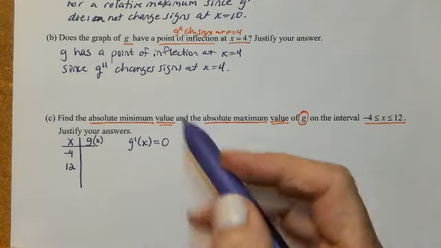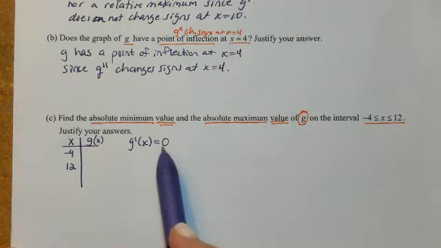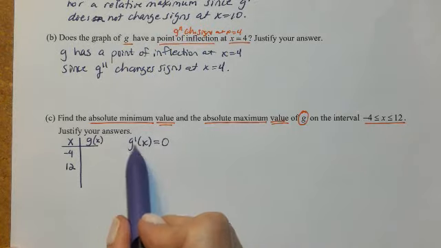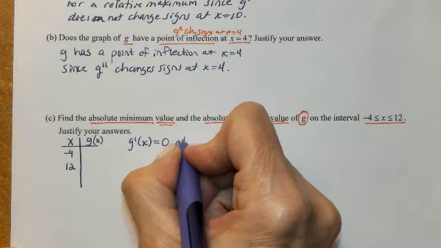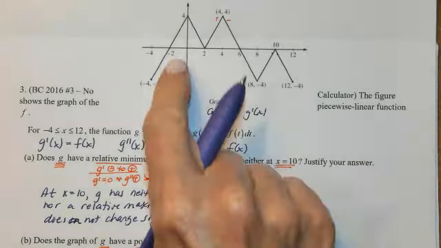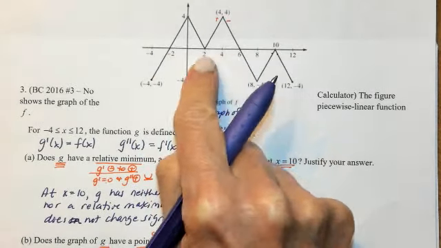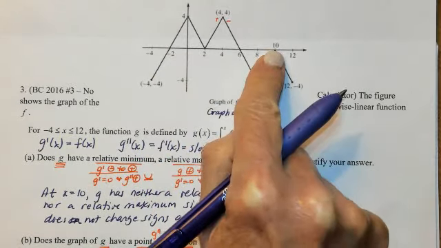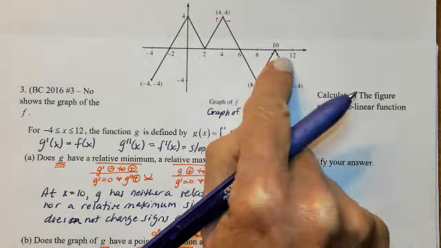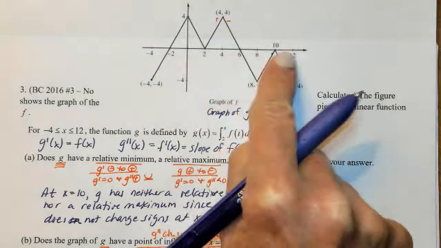Since g prime is always defined on these boundaries, it's never going to be undefined. So g prime is 0 at what values of x? Well, g prime is 0 at x equals -2, 2, 6, and 10. So those are the x values that need to go on my closed interval test.